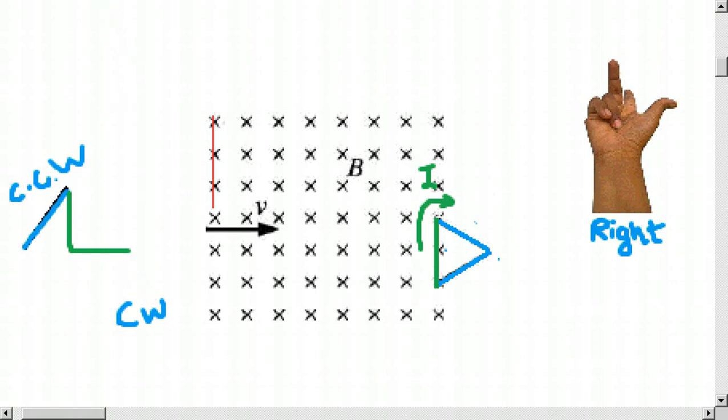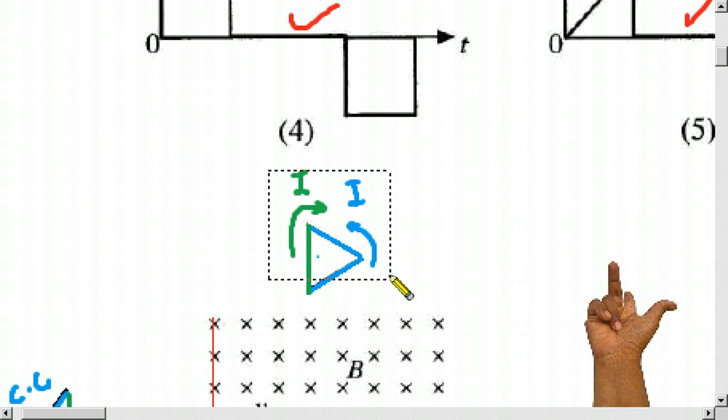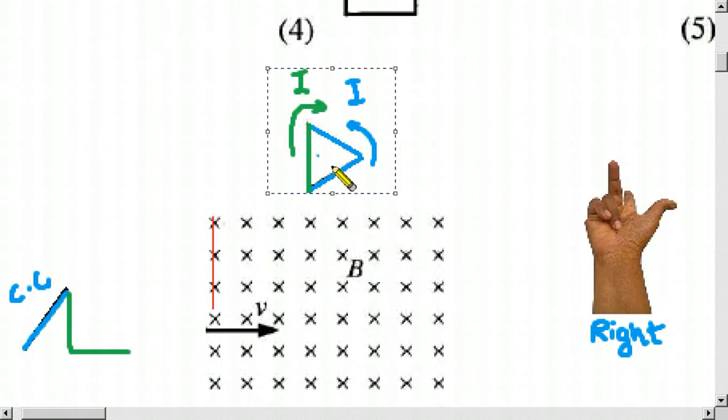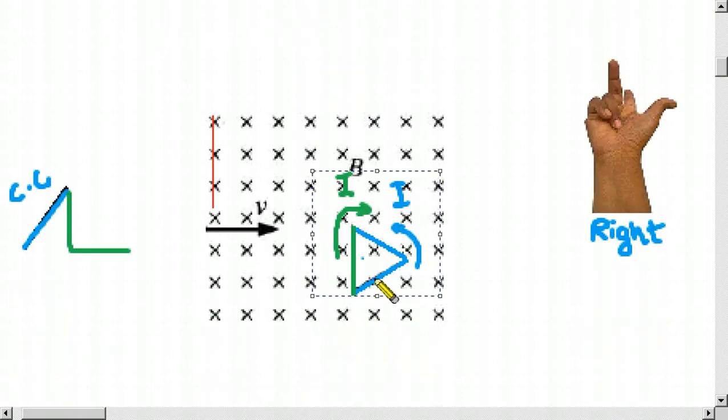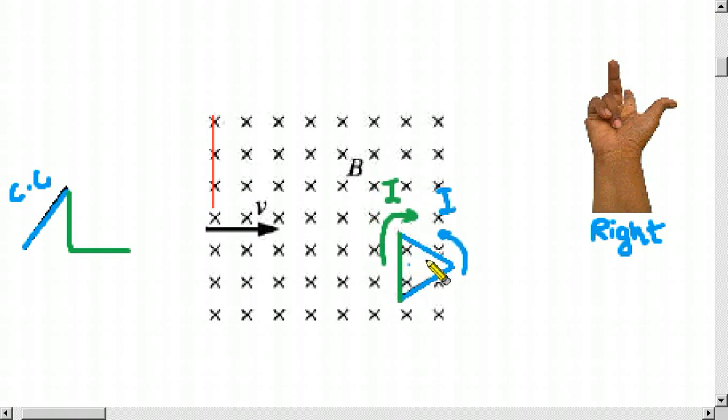But let us consider the magnitude. When it was leaving little by little like this, this blue color current, I have shown the current in blue color, that current is little by little decreasing, not suddenly. So the cancellation is little by little decreasing.